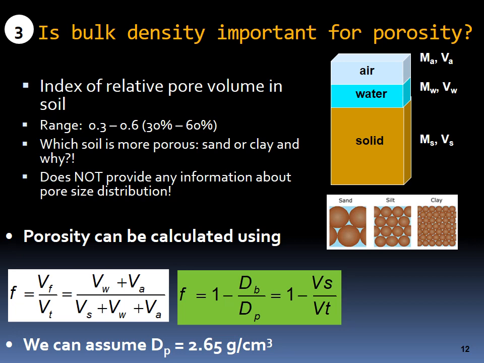To get the idea of that, let's look at the picture here in the middle. If you want to compare the pore space between sand, silt and clay, what can you observe? We mean by pore space the space between one particle and another. And you would see from this example that clay would have less pore space because the particles are small.